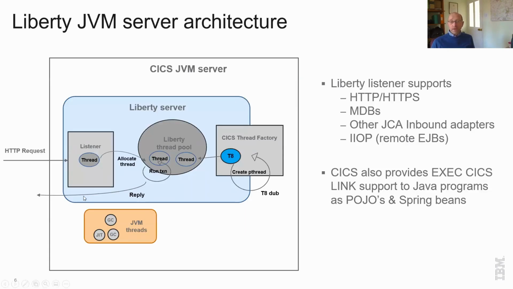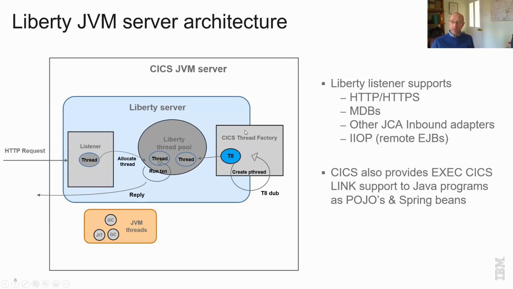This is a high-level view of how Liberty in CICS functions at the architectural level. We have listeners, principally an HTTP listener, with its own threads, and they allocate threads from a Liberty thread pool.